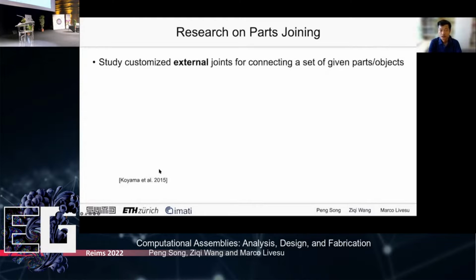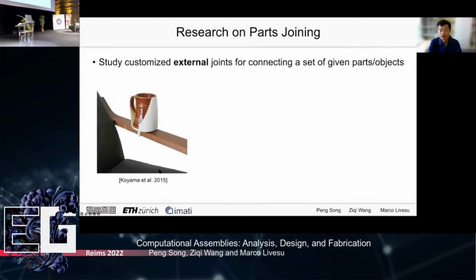Recently, there are several research works on studying customized digital joints. In this example, a customized joint is designed for connecting two objects, such as a sofa armrest and a mug, aiming to hold the mug on the sofa. We call such a joint a two-way joint, since it connects two objects.